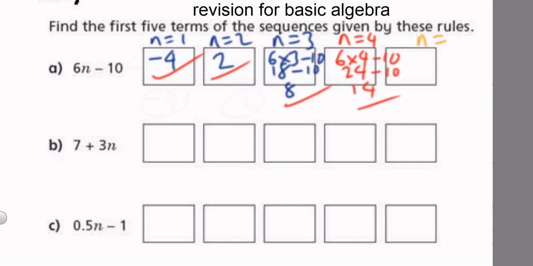Replace the n with 5 to get the fifth one. Right, you can see here there's a pattern. -4, 2, 8, 14, 20. It looks like the numbers are going up in steps of 6. We're adding 6 each time. It's a linear sequence.